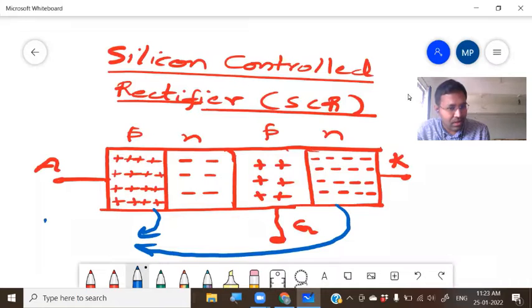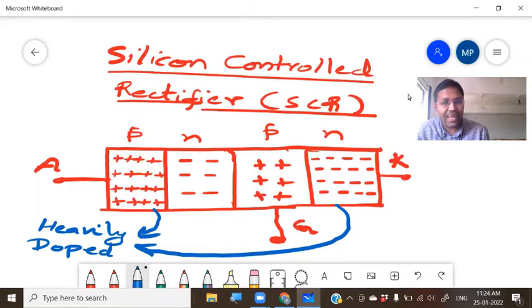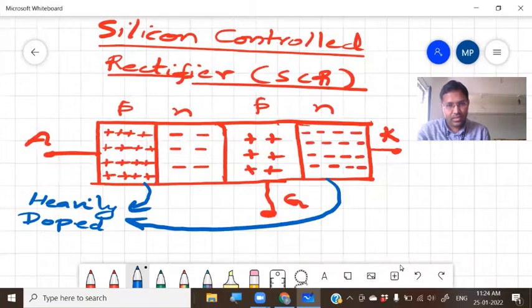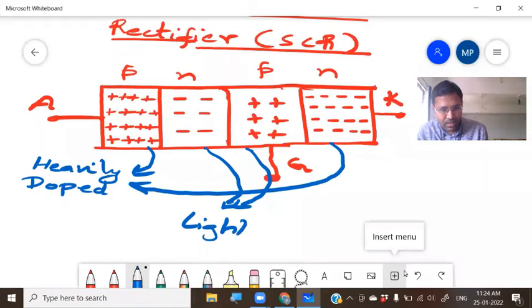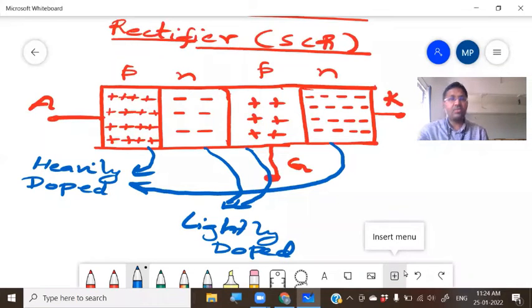Whereas the inner regions, these two, this one as well as this one, are lightly doped. So this is the construction of the SCR.